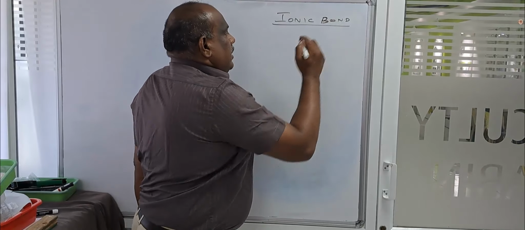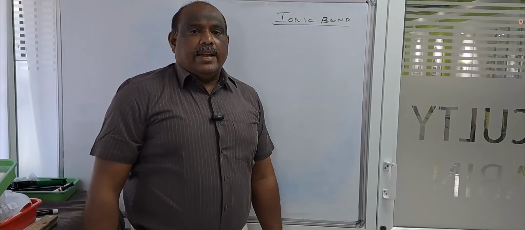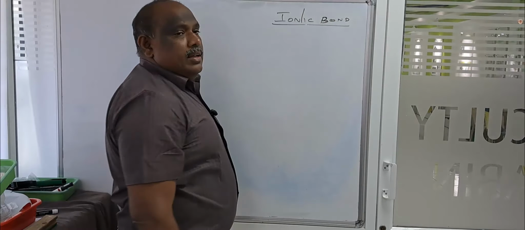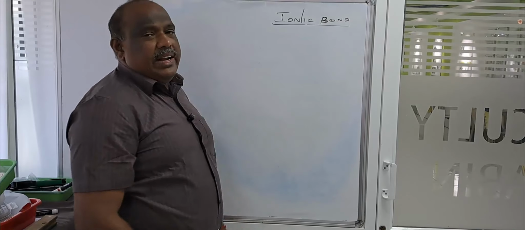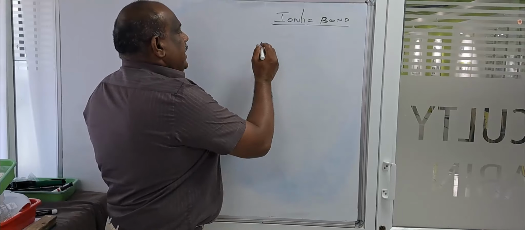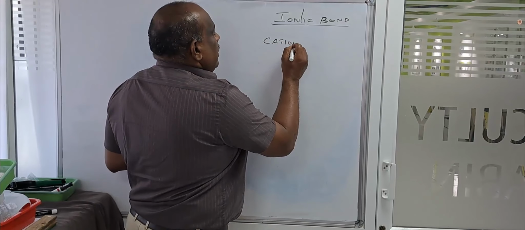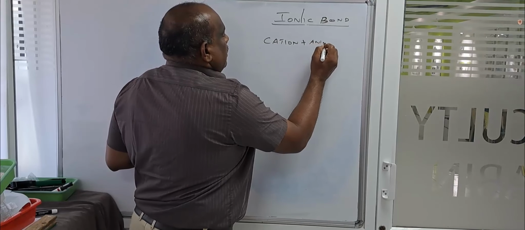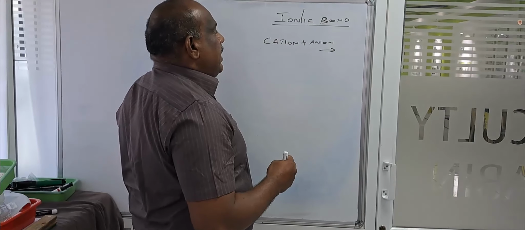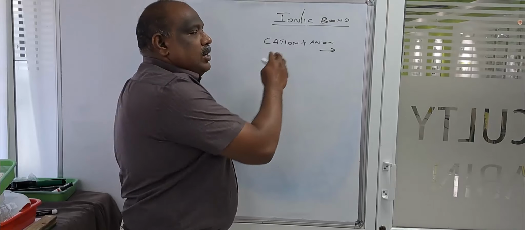So let us look today at the ionic bond. The name itself indicates it is about ions. The bond is formed because of the forming of an ion, whether it is a cation or an anion. If a cation combines with an anion, a new product will be formed. So the main thing lying behind the ionic bond is the formation of ions.